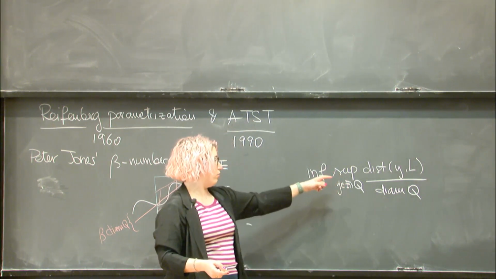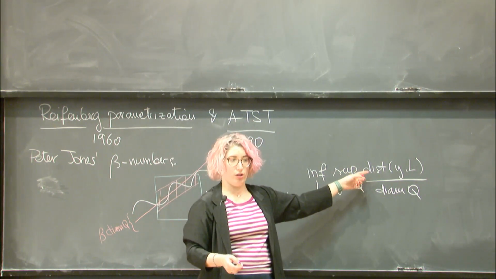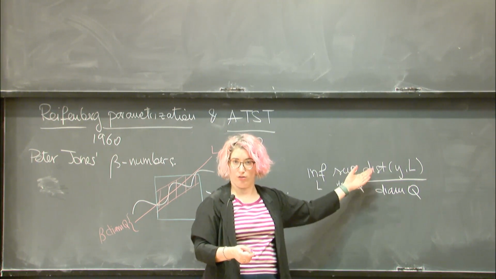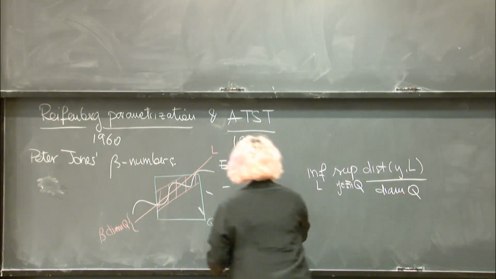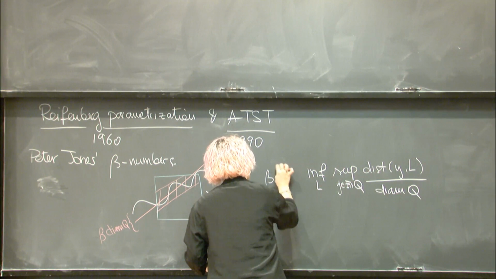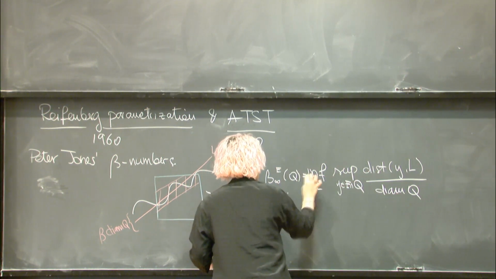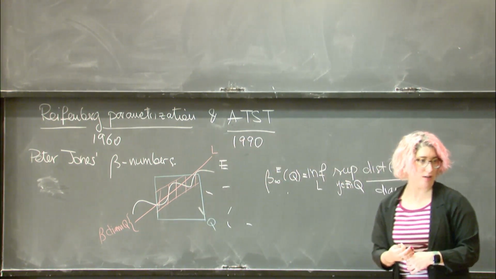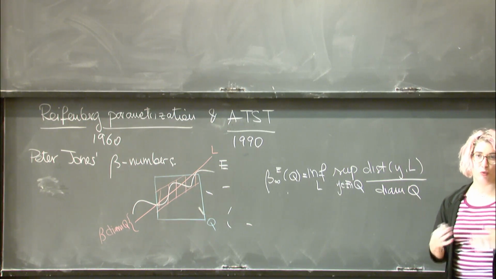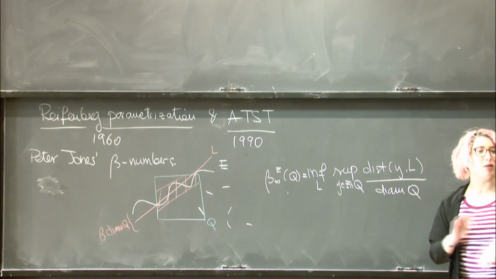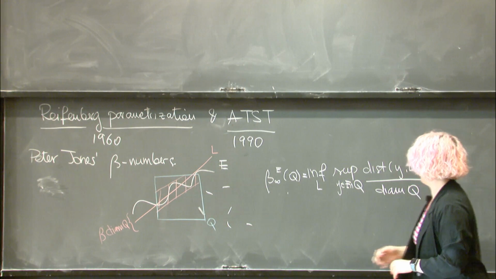I mean, this is a number which has no units, right? This has the unit of length, and I'm dividing by a length scale. And I'm going to call this one beta infinity of E, Q. And later on, I'm going to start using it interchangeably with cubes and balls. And if you have any problem with that, just let me know while I do it.